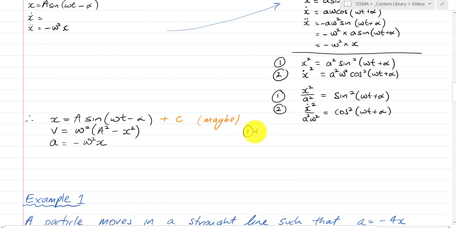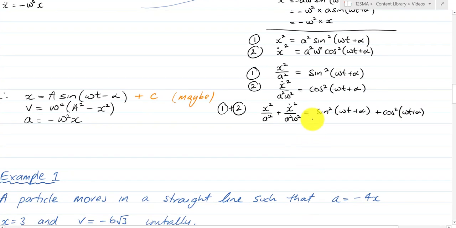And of course this leads to 1 plus 2, which is x squared over A squared plus x dot squared over A squared omega squared. And that is of course sine squared of some stuff plus cos squared of the same stuff, which is happy days because cos squared and sine squared, as long as it's the same thing, is equal to 1.